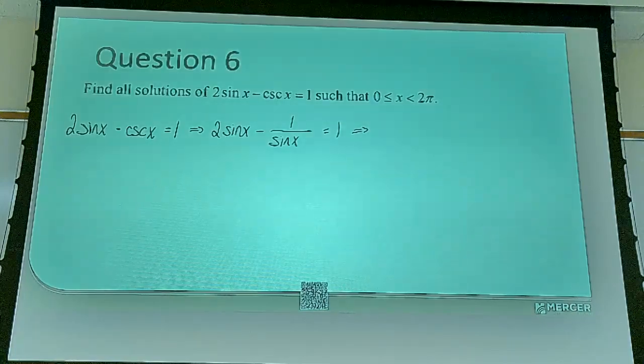Same idea. So we're going to multiply through by the LCD. Well, in this case, the LCD is easy to see, it's just sine of x. Multiply every term by sine of x to clear up the fraction.